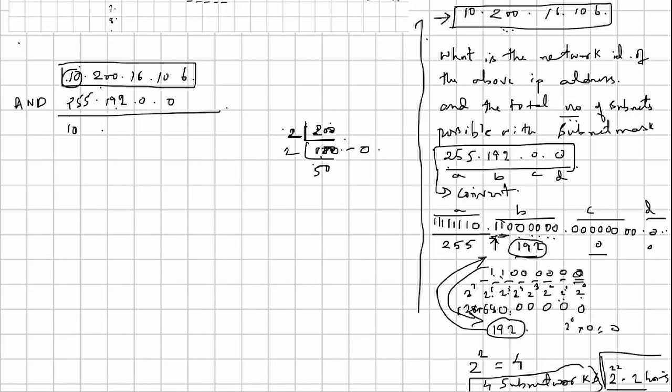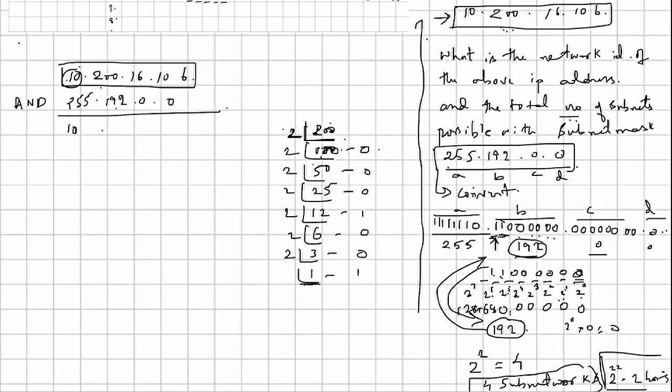It is 50, remainder is 0. Divide 50 by 2, it is 25, remainder is 0. 2 into 12 is 24, remainder is 1. 2 sixes are 12, remainder is 0. 2 threes are 6, remainder is 0. 2 ones are 2, remainder is 1.